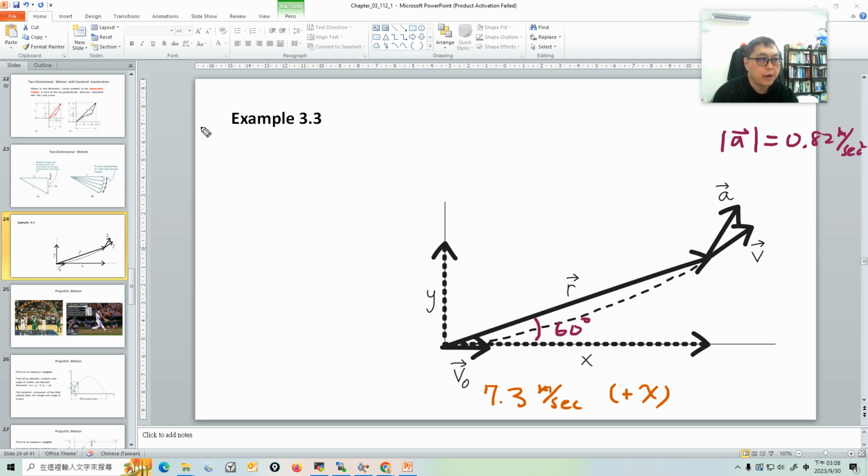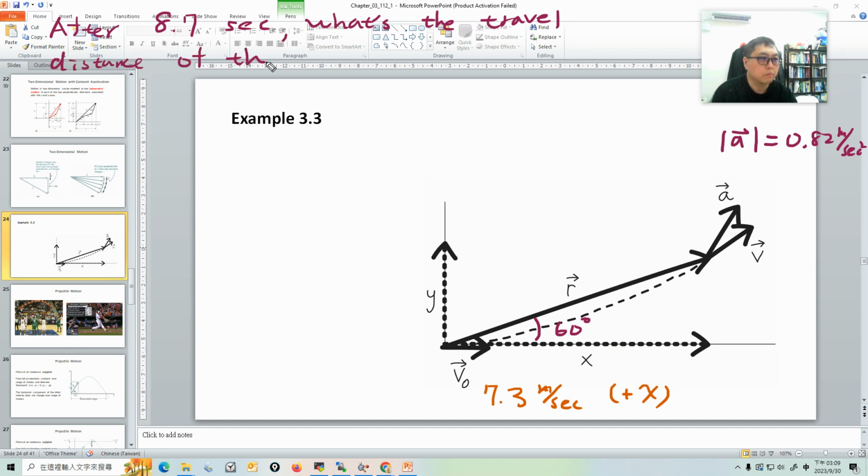And he wants to ask, after the acceleration strikes the boat for 8.7 seconds, what's the travel distance of the boat?